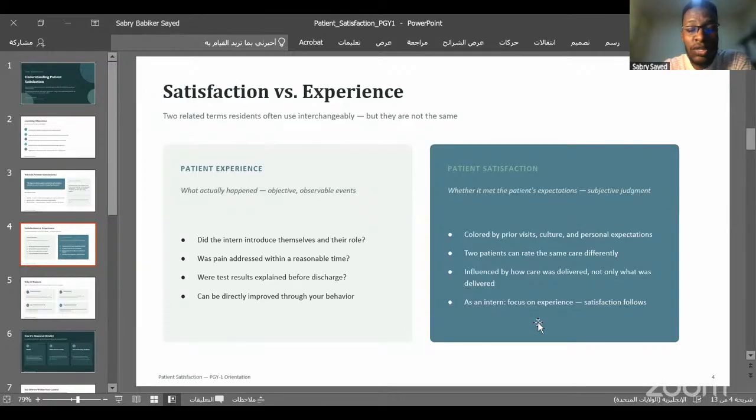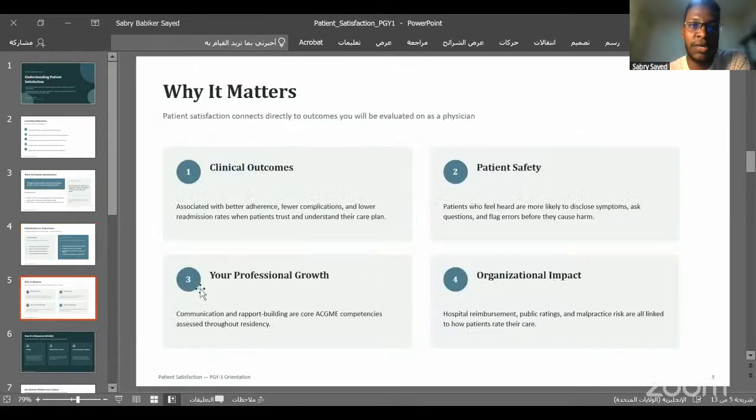If you focus on the experience and the communication skills with the patient, then the satisfaction will follow, right? Once you master the patient's experience, you are a good communicator and you know how to listen carefully to every patient and to explain everything in normal language, not medical language, then the patient satisfaction will follow.